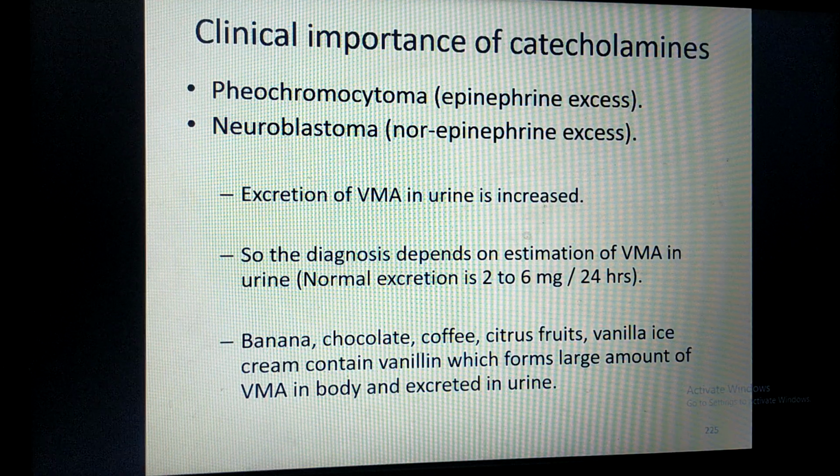If you perform the test after consuming these substances, naturally high VMA levels are obtained in the urine, which may misdiagnose you. Therefore such compounds should not be consumed by the patient.